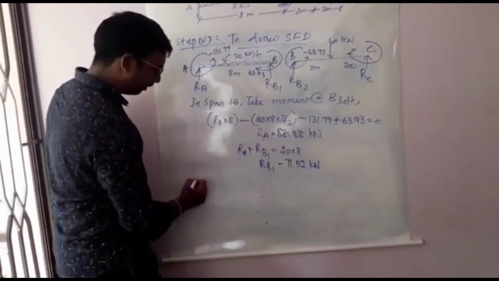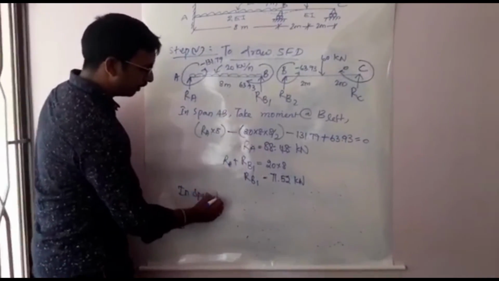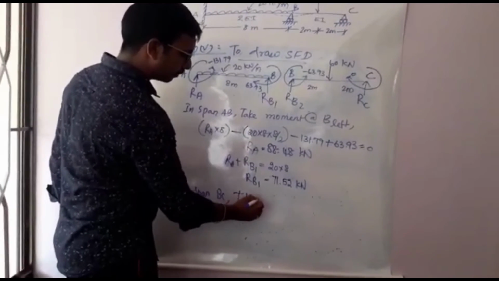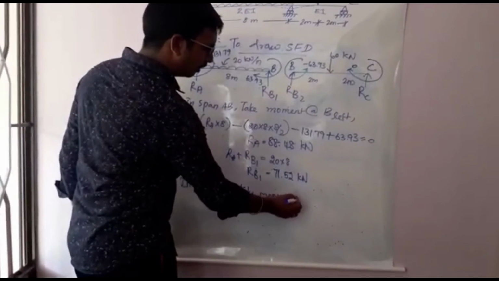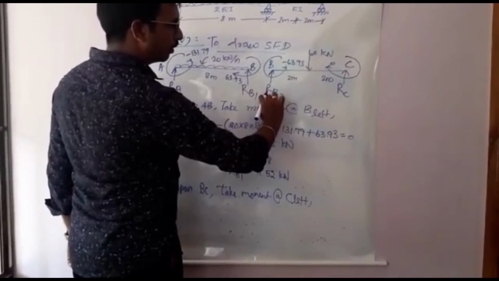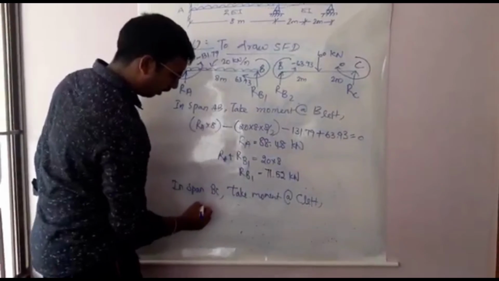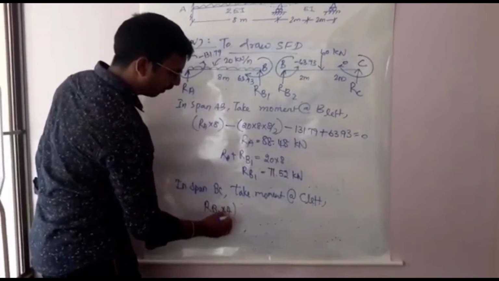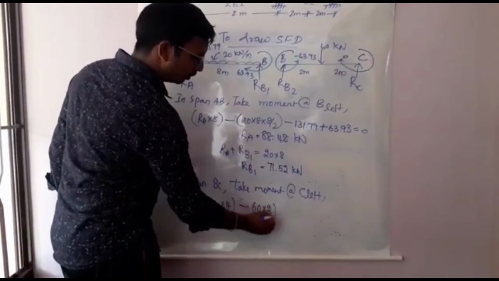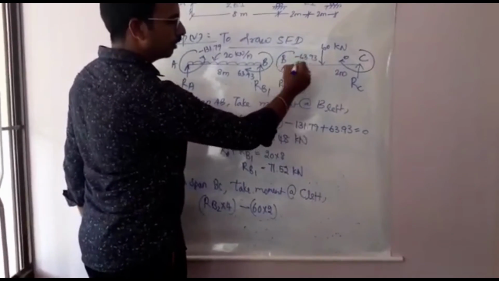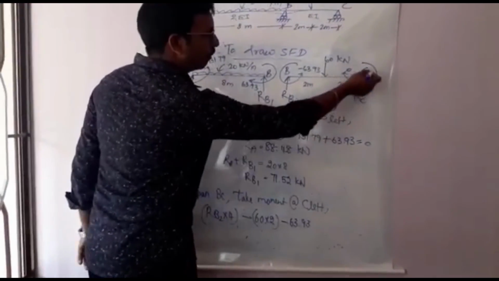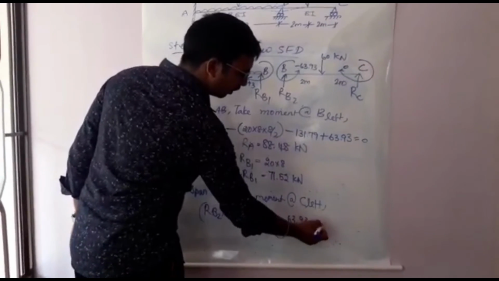Then in span BC, take moment at C left. So RB2 into 4 minus 60 into 2, then minus 63.93 moment plus 0, right? 0 moment is equal to 0.